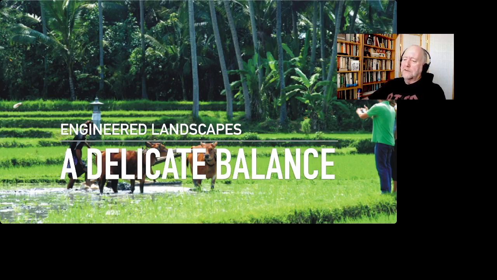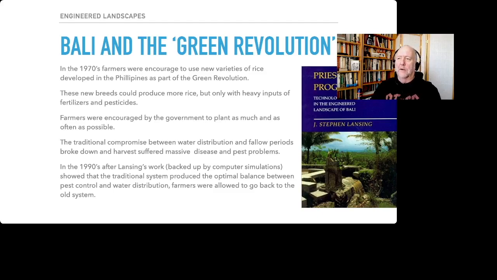In the 1970s, however, Western scientists, Western agrarians, encouraged Balinese farmers to use the new varieties of rice that had been developed in the Philippines as part of the Green Revolution.